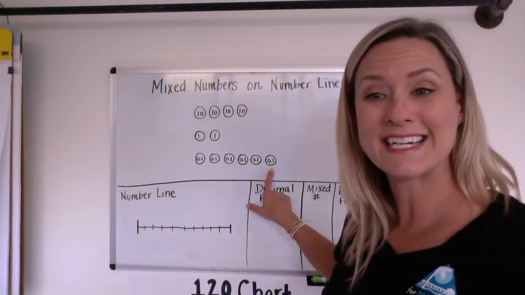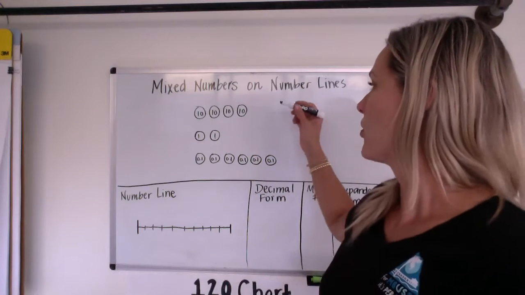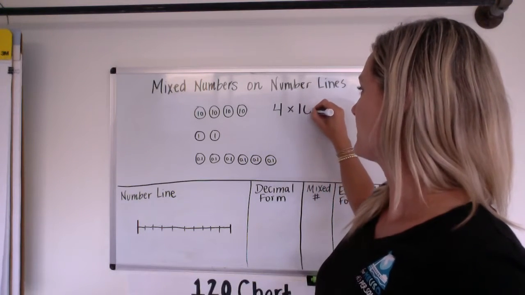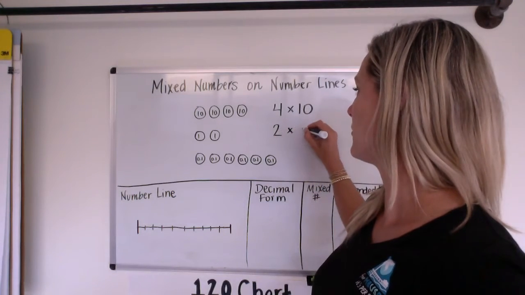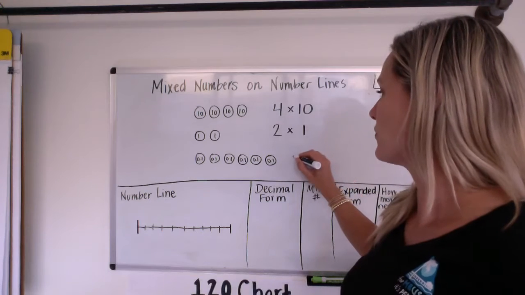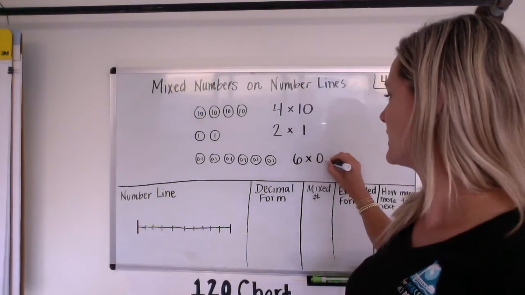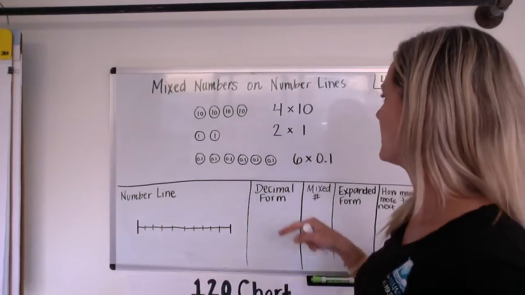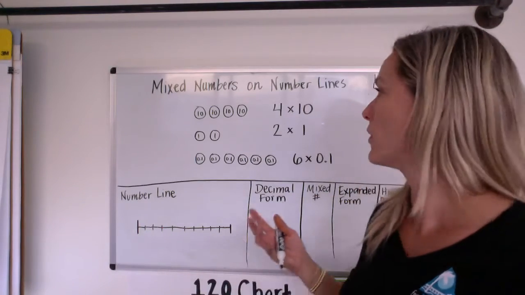We have 6 tenths. So I'm going to write, let's see, we have 4 groups of 10, and we have 2 groups of 1, and we have 6 groups of 1/10, right? So that seems to make sense to me. And then we could put them all together and we could write out what the value is.